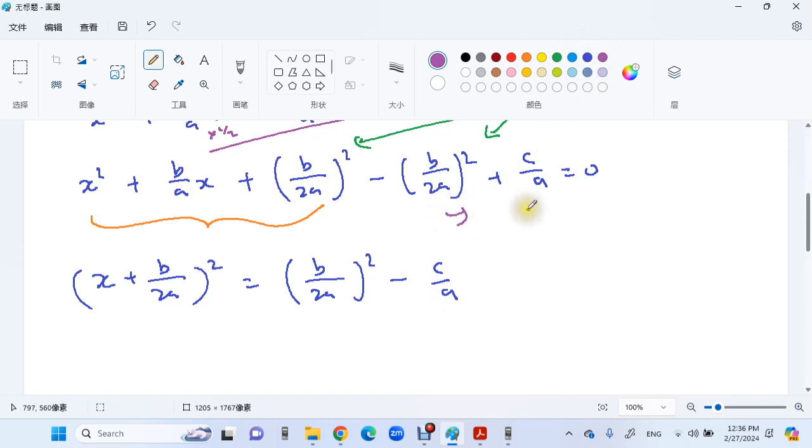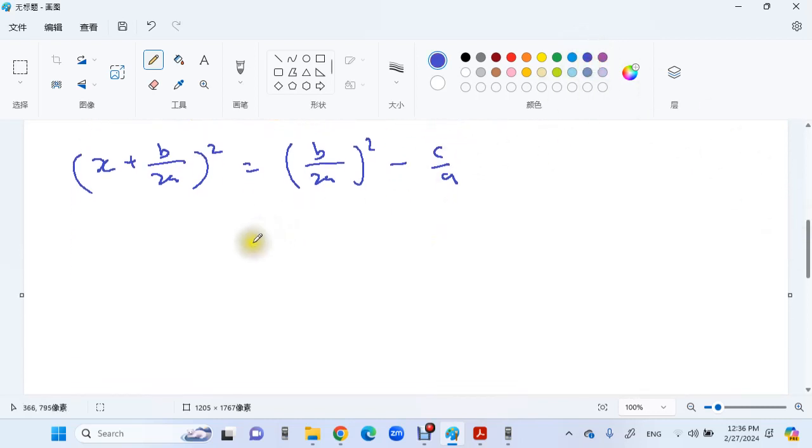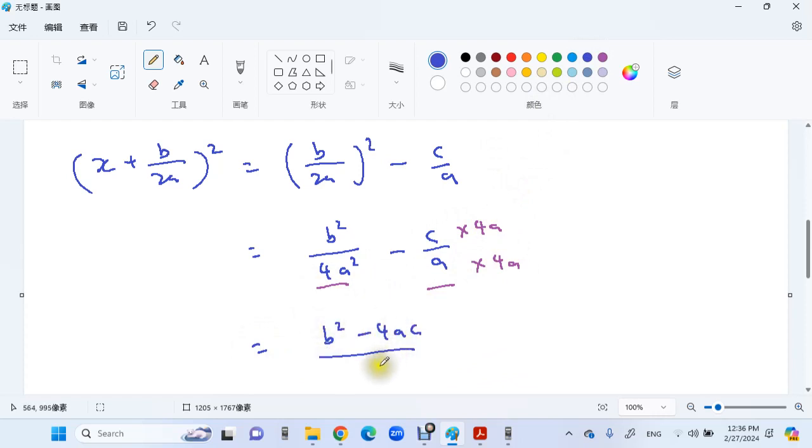So I move this to the right hand side. So we have b squared over 4a squared minus c over a. We want to have the same denominator, so I multiply by 4a here. Then this will become b squared minus 4ac over 4a squared.